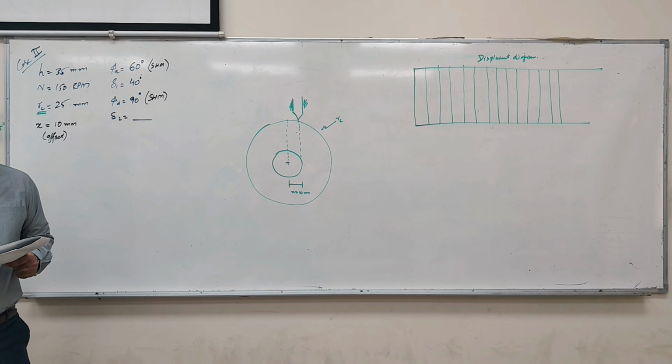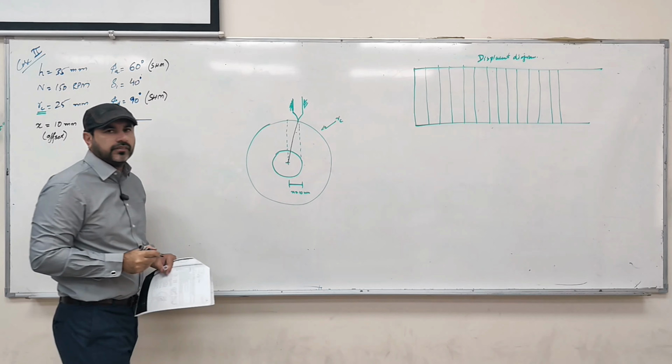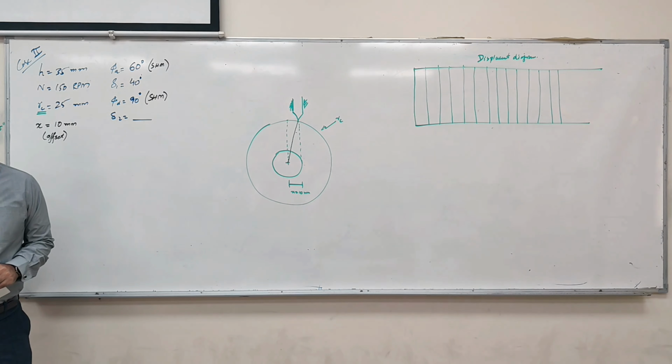Once you draw the offset circle, we join this point with the point of touching of the follower. We'll measure all angles from this line.